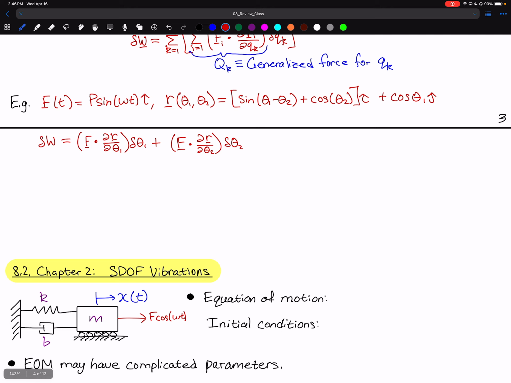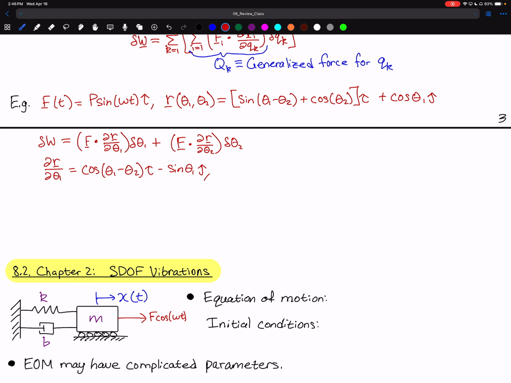All right, so partial r over partial theta 1 will be equal to cosine of theta 1 minus theta 2 in our i hat direction, minus sine theta 1 in the j hat direction.